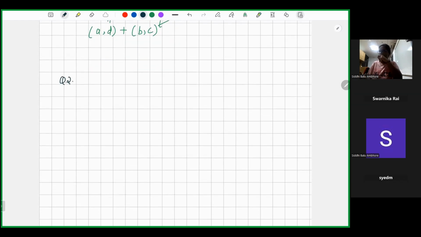Question 2. Let F1 from V to V1 and F2 from V to V2 be the homomorphisms of K vector spaces.